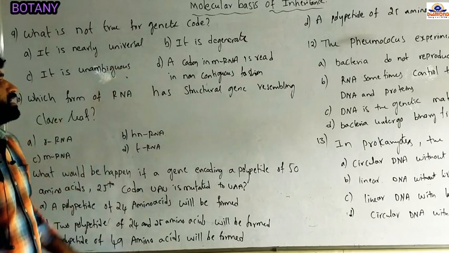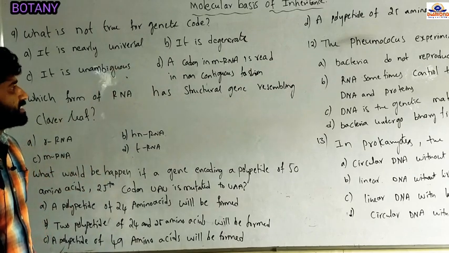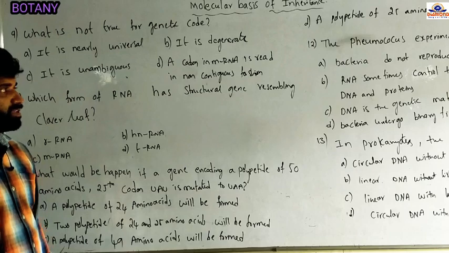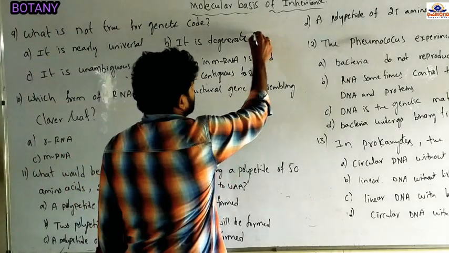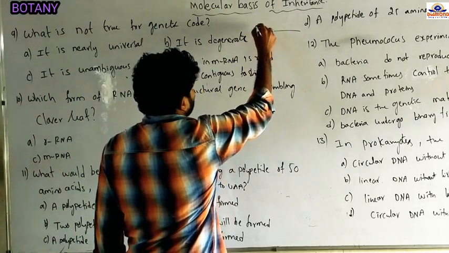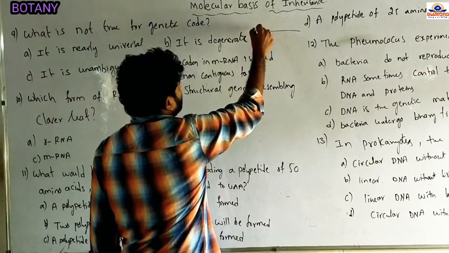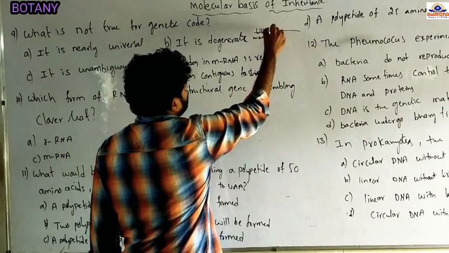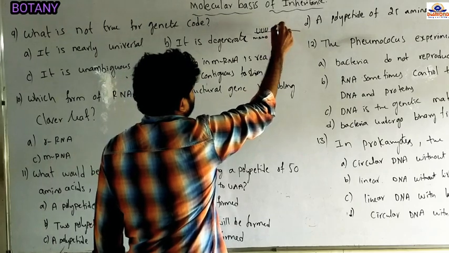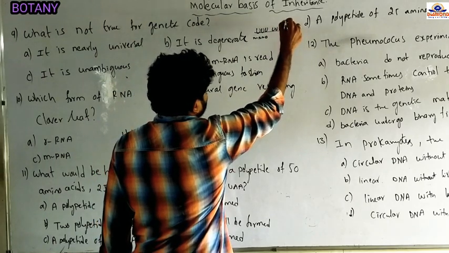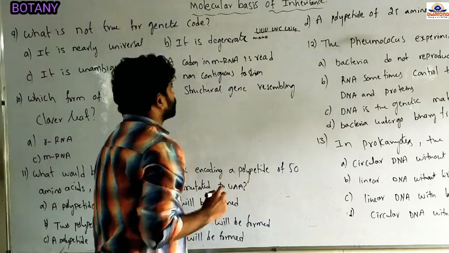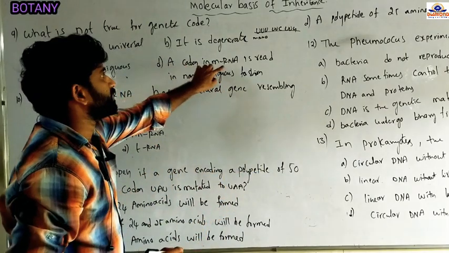And option D, a codon in mRNA is read in a non-contiguous fashion. When we look at the translation mechanism, this is the mRNA. These mRNA codons are arranged in the form of UUC, UUG, like this. All of the codons are arranged in a contiguous fashion.